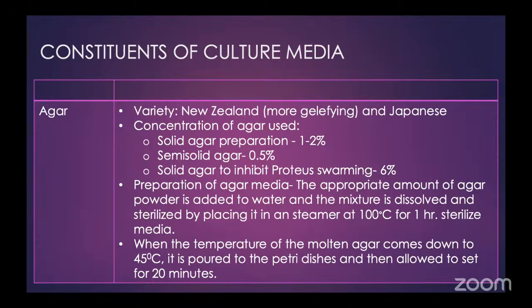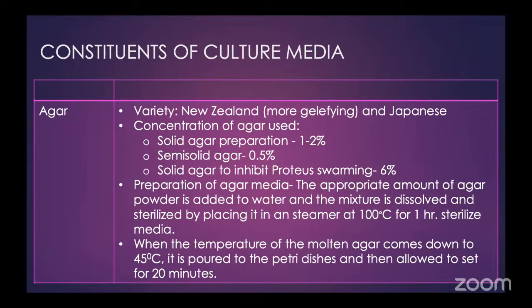The more solid you make it, it is going to inhibit certain properties of bacteria. For example, if you reach up to 5 to 6%, it's going to inhibit swarming. It may reduce the size of colonies if your media is too solid. If your media contains less agar, while culturing, you might actually tear apart the medium and it may not work.